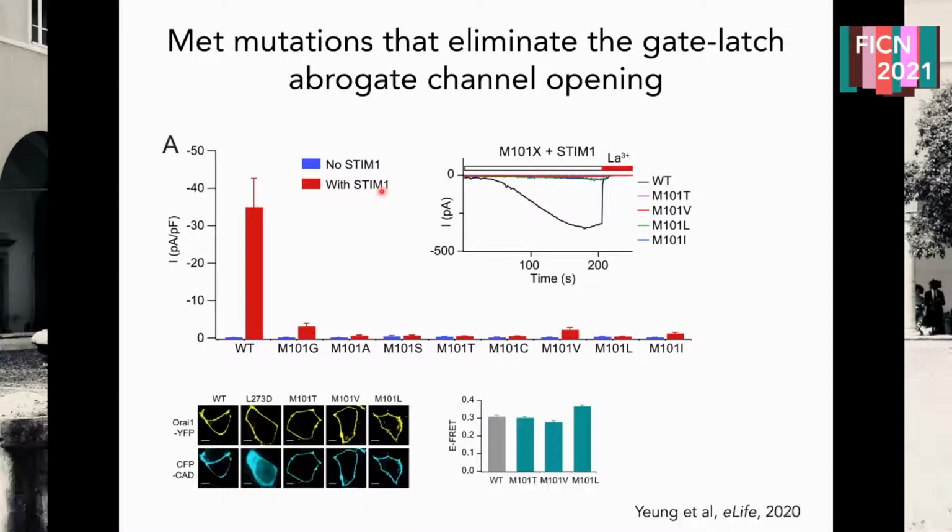This indicates that hydrophobicity by itself is not sufficient to promote the interaction between these two residues, but you need the sulfur atom in the methionine group to induce a sulfur-aromatic bridge to open the channel gate. And so we call it the gate-latch that promotes opening of the F99 gate.